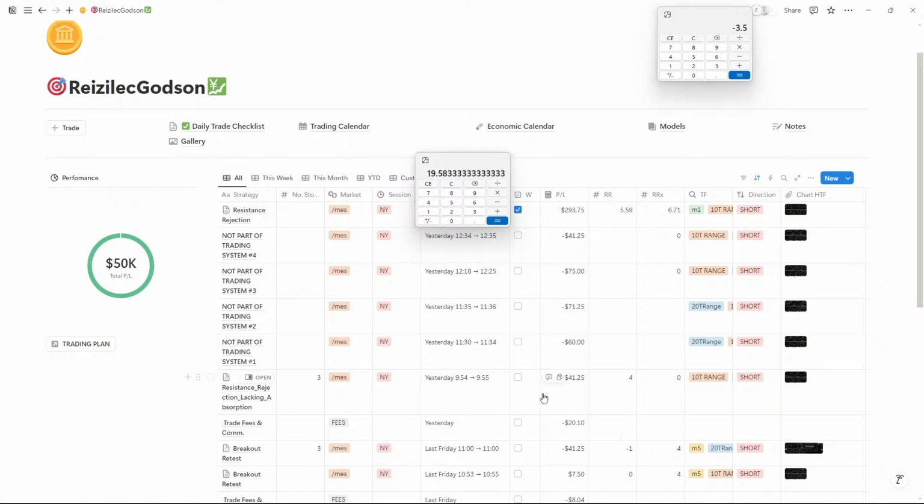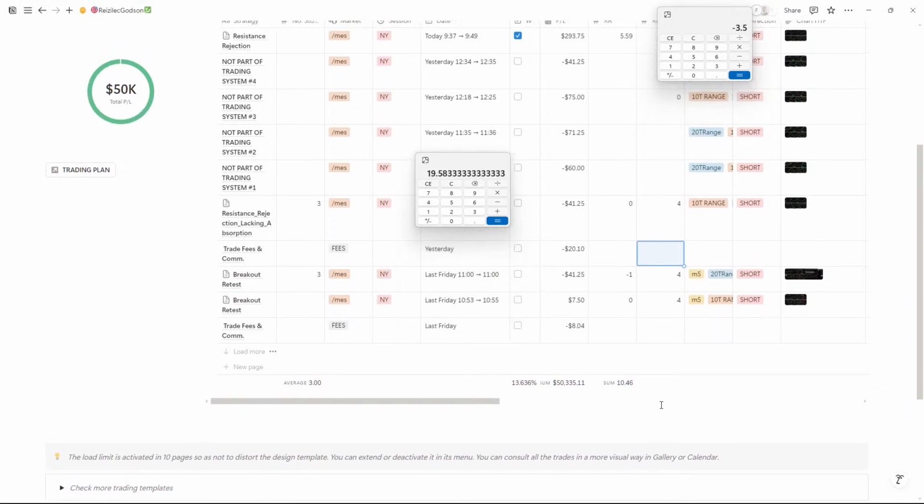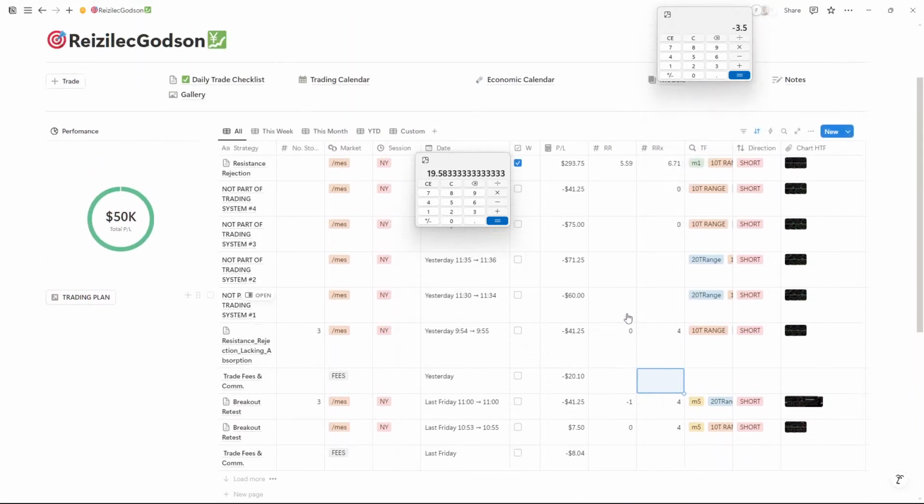This is not 4. 4 is probably what I was trying to get. That's 0, 0, 0, 0. It was 4, because usually they're all 4s. 4 or more.